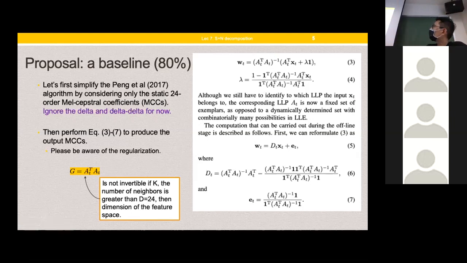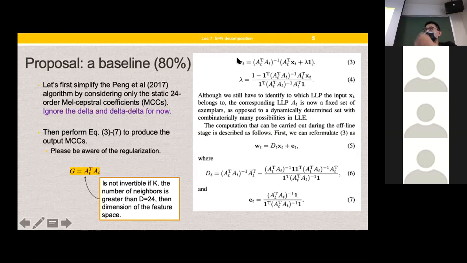So let me just go through it. A transpose A, that's the meaning. And X is our input feature vector, which is also 24-dimensional. We need to find the weight vector.